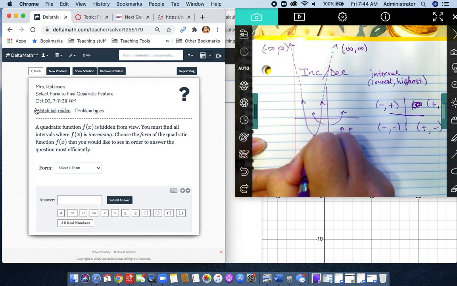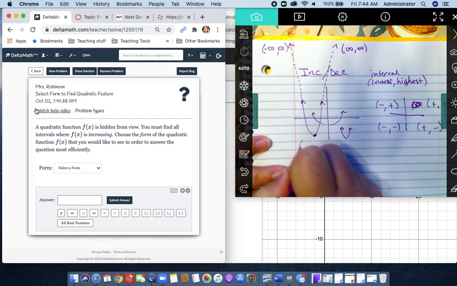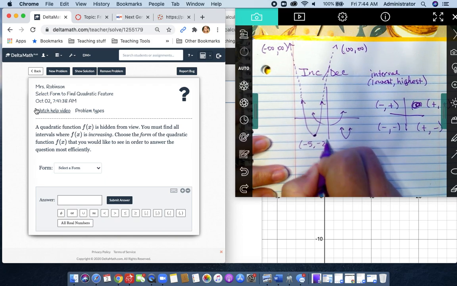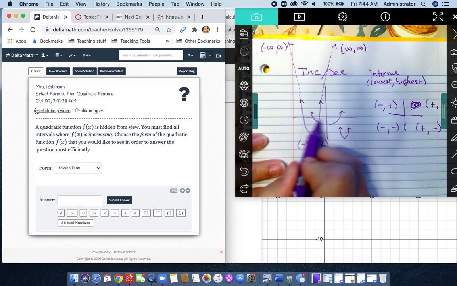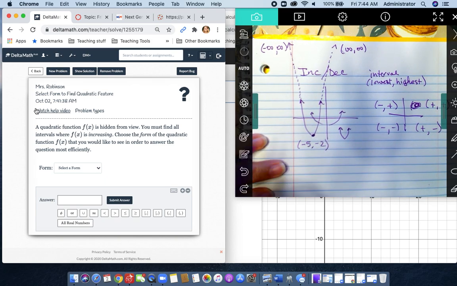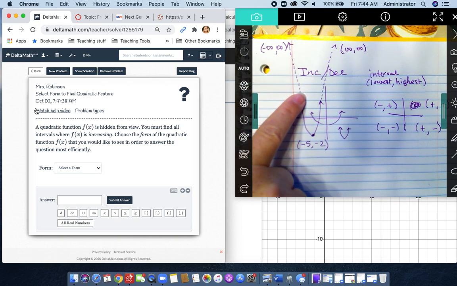Then I need my vertex. So let's say our vertex, since I drew this one in quadrant 3, is negative 5, negative 2. That means I went left 5, down 2. If I am writing an interval of increase, this is what we have to do, increase or decrease. First of all, let me trace my parabola from left to right.